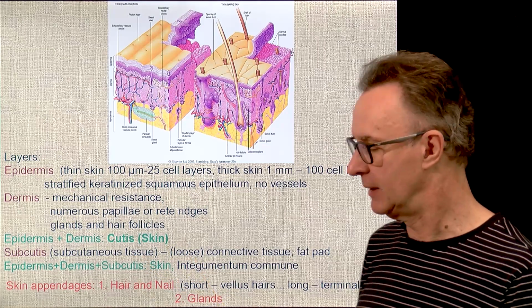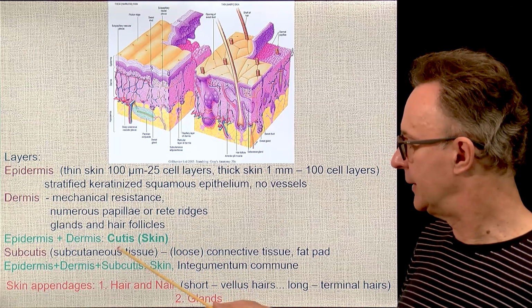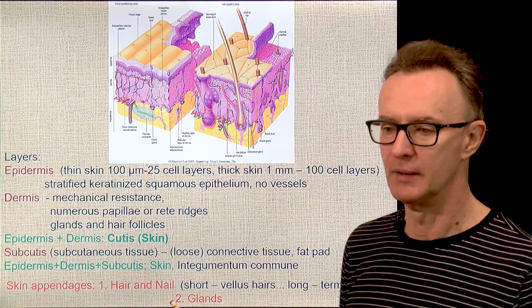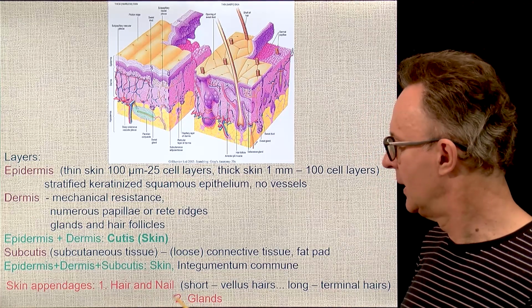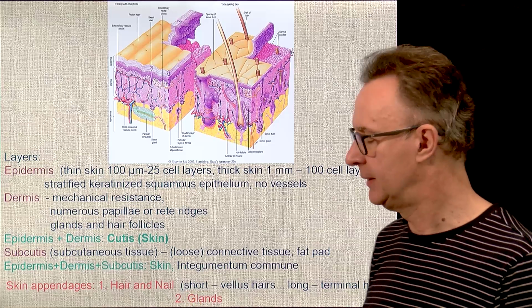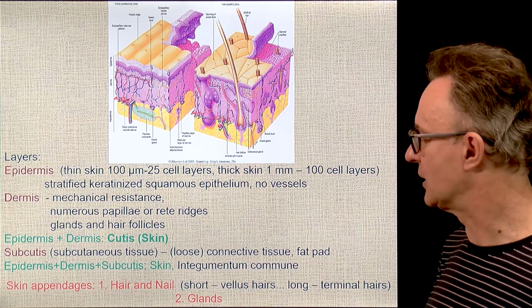In our case, we call this rather integumentum commune. The subcutis is also connective tissue, which contains fat pads. I will mention the skin appendages later, the hair and the nail, and of course we recall the glands as well.